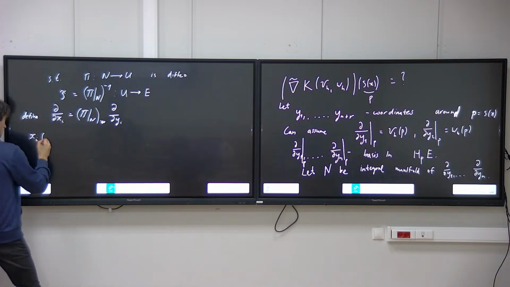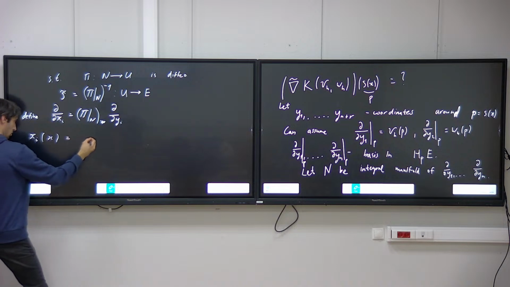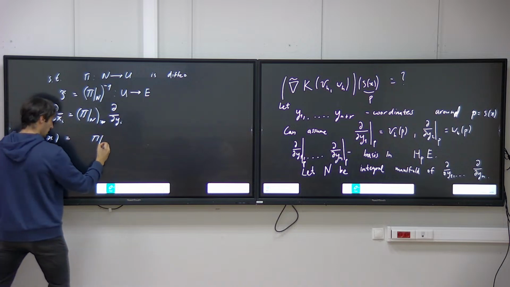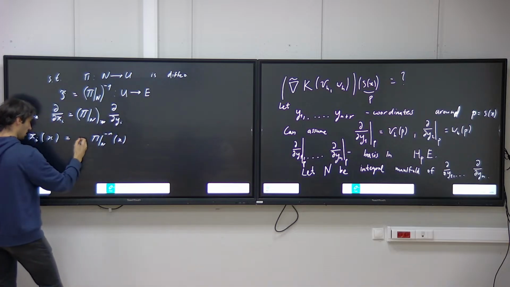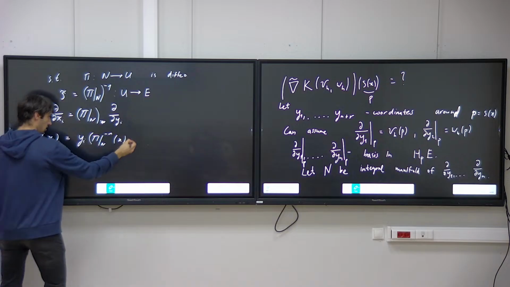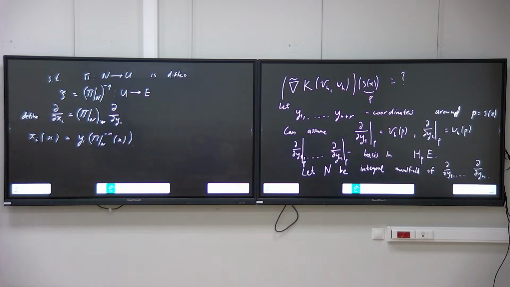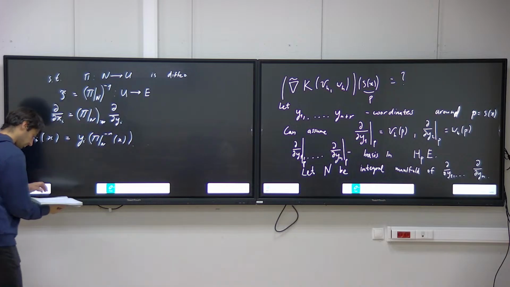So xi at some point x means that I need to consider pi N inverse of x lifted there and consider coordinate yi. So this is how I define coordinates xi. And then this will be vector fields on X.